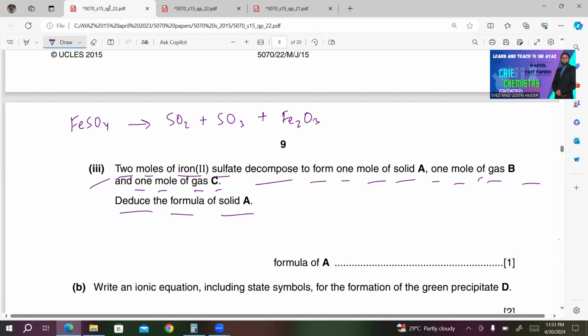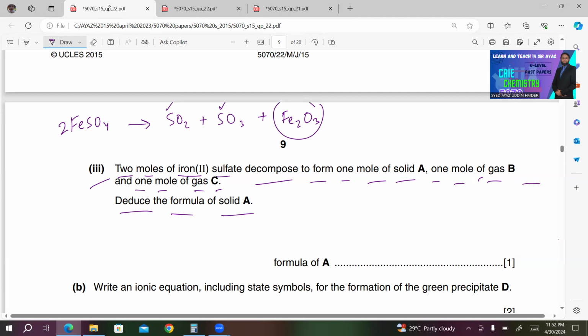Even if you balance the equation by writing 2 before FeSO4, you will get SO2 plus SO3. Count the number of sulfur atoms: 2, correct. Oxygen, 2 fours are 8. 3 plus 2, 5. 8 minus 5, 3. So it must be Fe2O3. Are you getting my point?